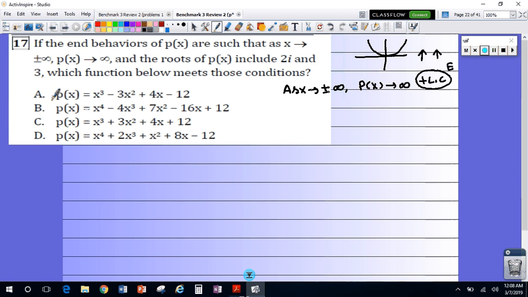Okay, it means I can rule out option A and option C. So either option B or D. So what we do here is the roots are given to you as 2i and 3, right?